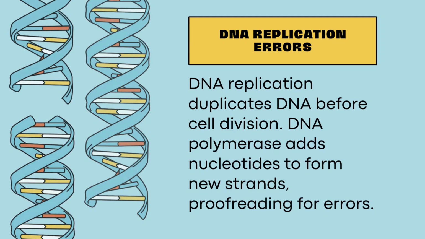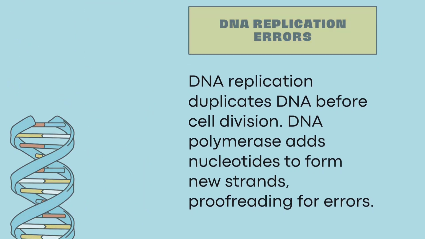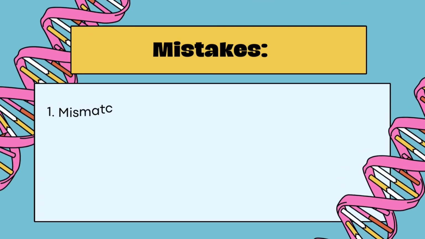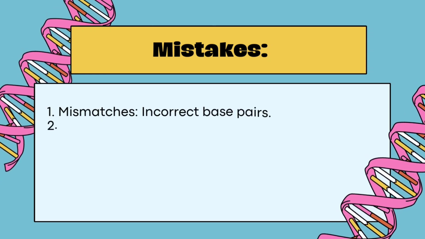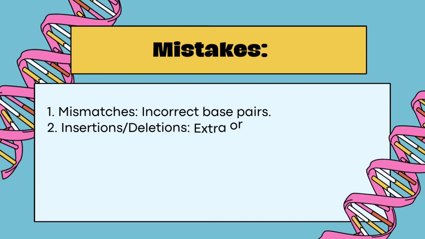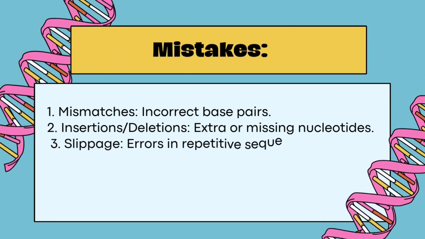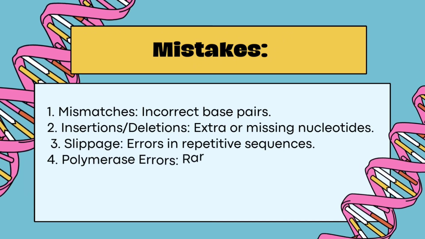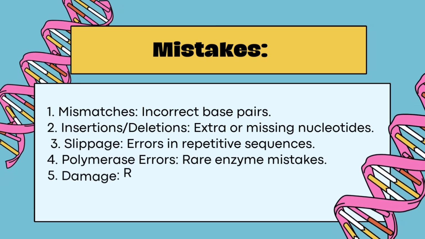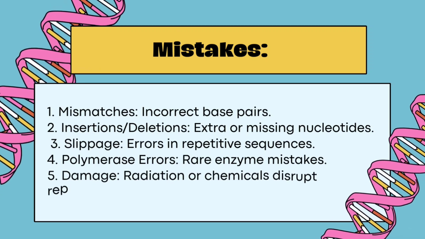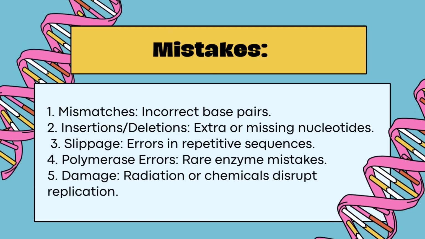However, despite proofreading mechanisms, mistakes can still occur. Mistakes can happen via mismatches. If DNA polymerase incorrectly pairs nucleotides, it can lead to point mutations. If not corrected, this changes the genetic code, potentially altering protein function.